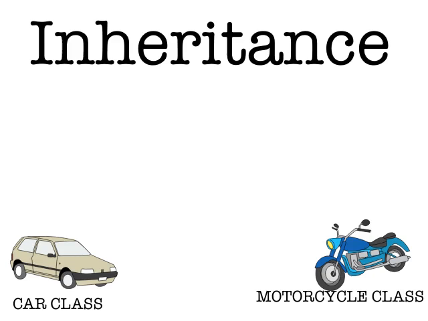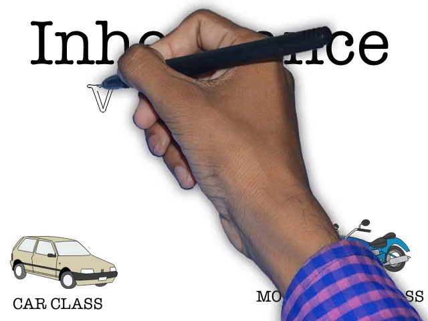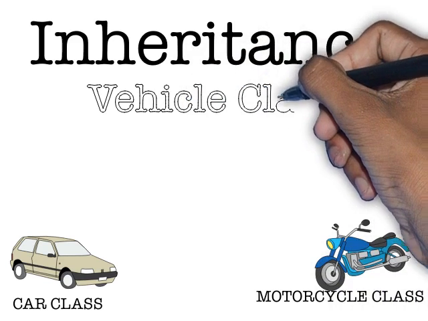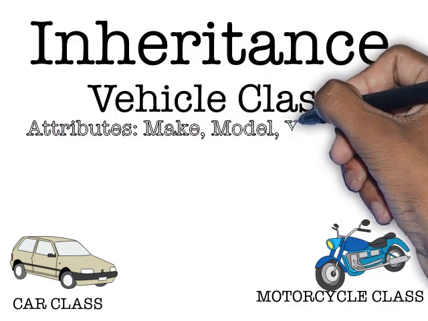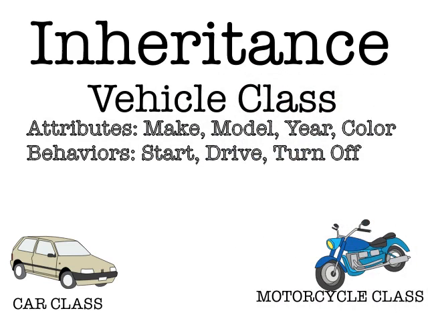By introducing inheritance. With inheritance, we can make a parent class that our child classes inherit attributes and behaviors from. In our example, we can have a vehicle parent class that has attributes such as make, model, year, and color, and behavior such as starting, driving, and turning off.